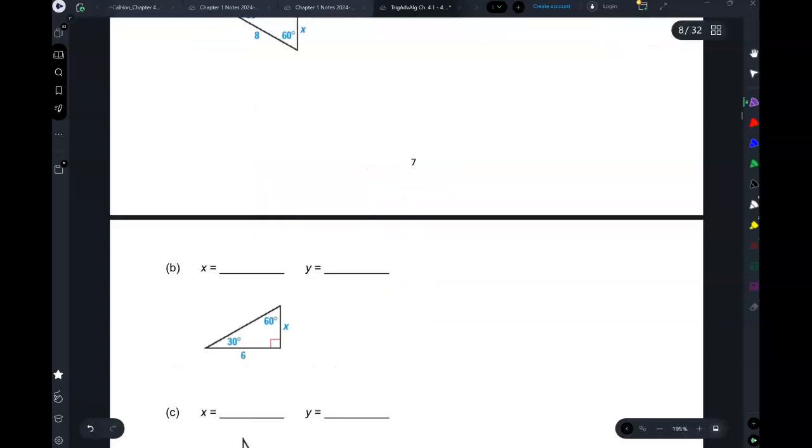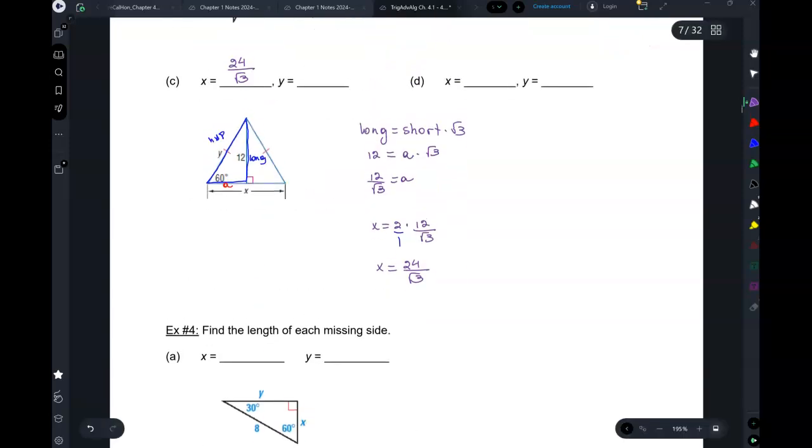What about y, the hypotenuse? Y is short times, right, times 2. So y is, how much was the short leg? 12 over root 3 times 2, same thing. Correct. Okay? All right.